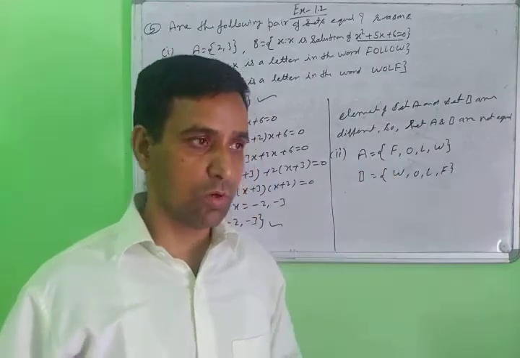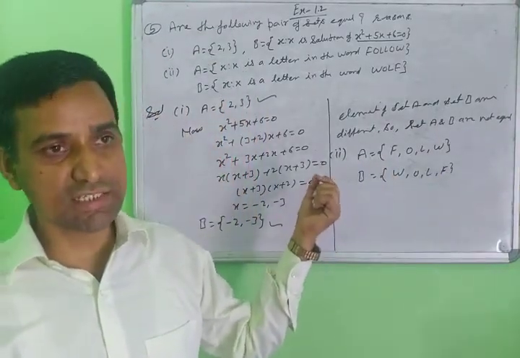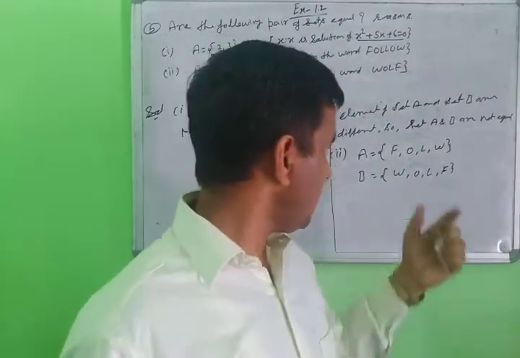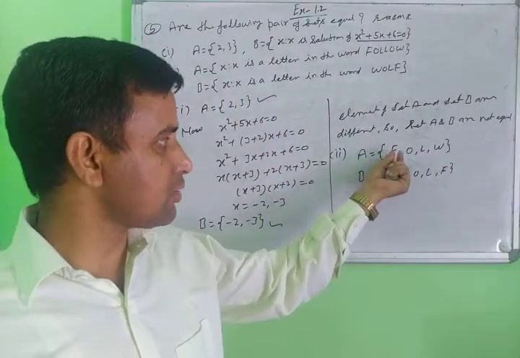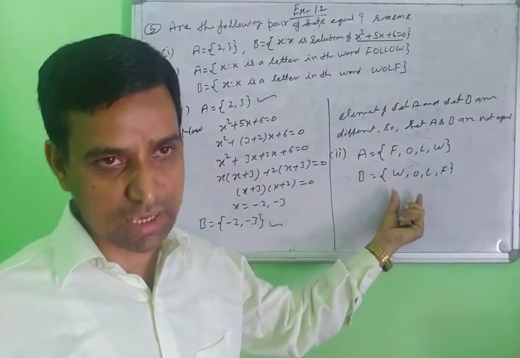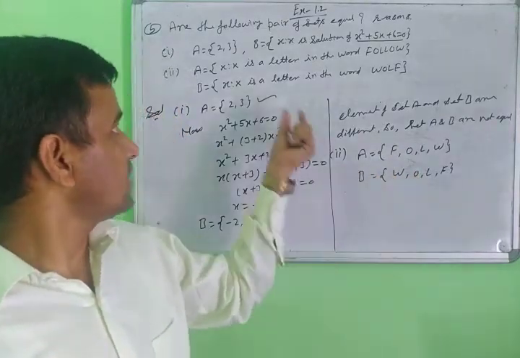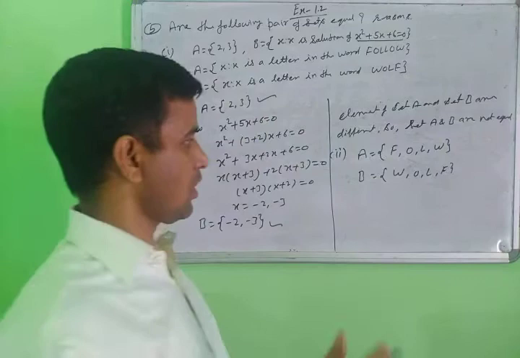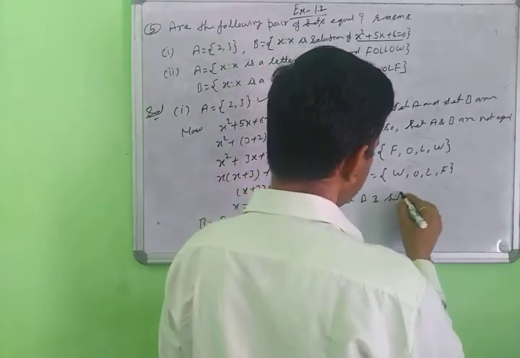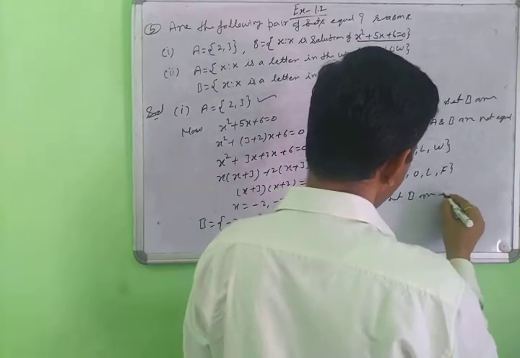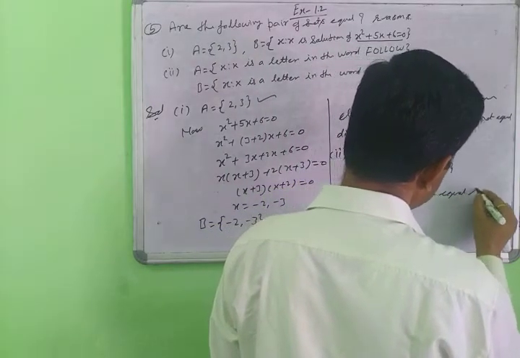According to the first rule, the order of elements in a set is immaterial. The sequence is not required. The elements of set A and set B are the same, so you can say this is an equal set. Set A and set B are equal sets.